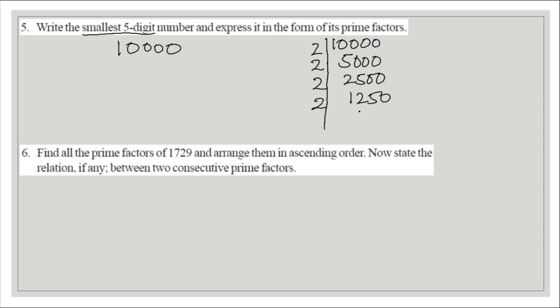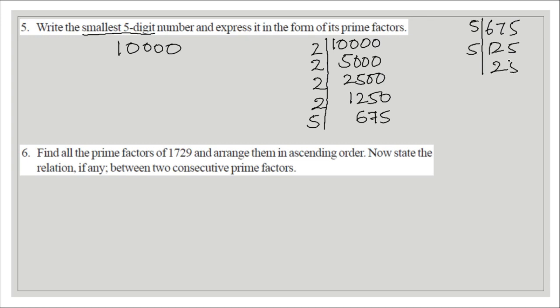It is 625. This number is not divisible by 2 and 3 also. Divide by the next prime number which divides. Let me continue that part here. 5 divides 625, 125 times.